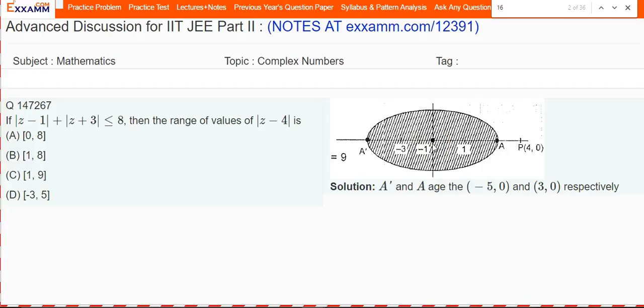Similarly, if it was a circle also, we would be drawing a line joining P to the center of that circle, and this would be the diameter of that circle. So always keep this in mind. For such a complex problem, if we don't use this method, then it would be very cumbersome to solve.